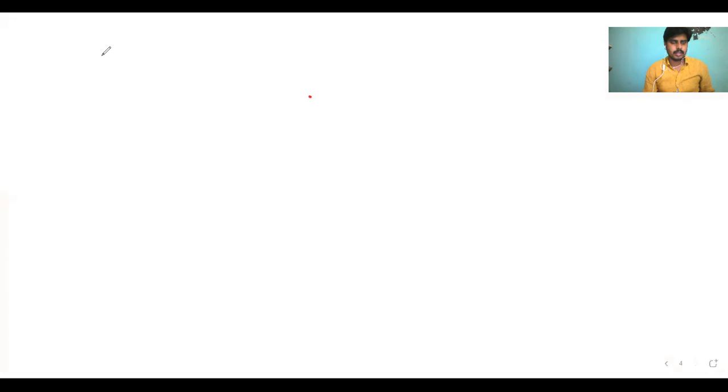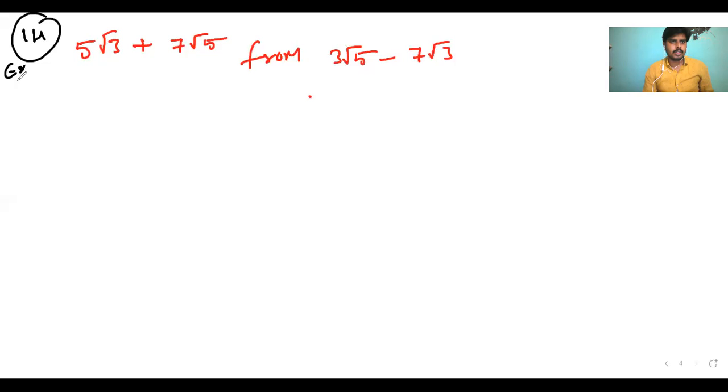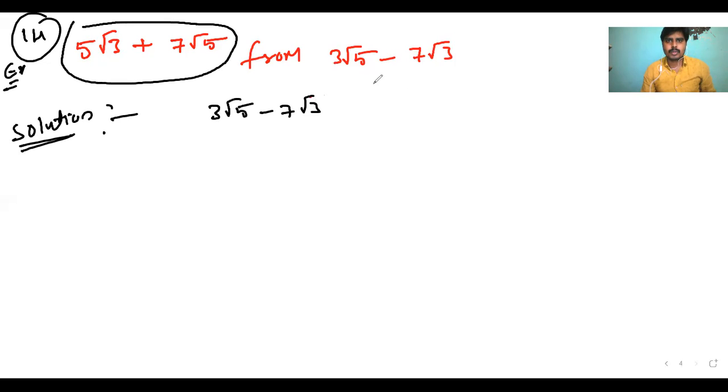See the question: subtract 5 root 3 plus 7 root 5 from 3 root 5 minus 7 root 3. This is example number 14. Solution. He is asking us to subtract this number from this.